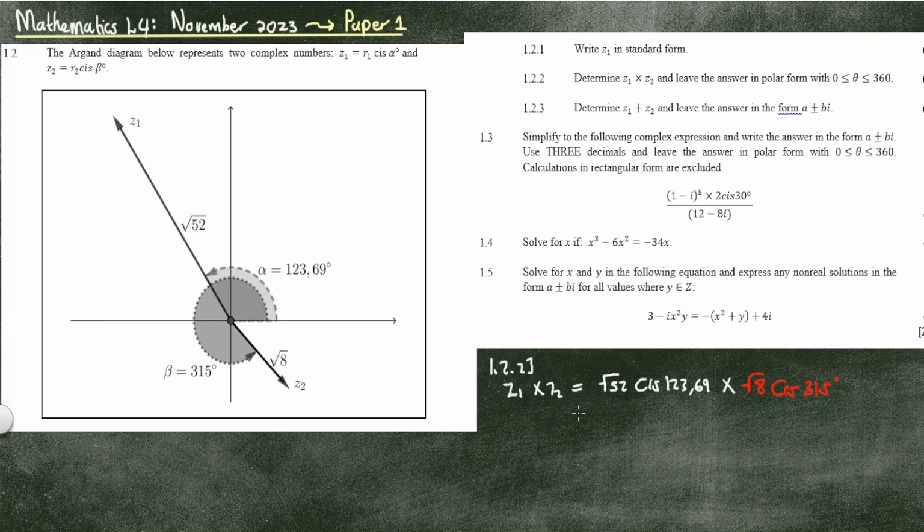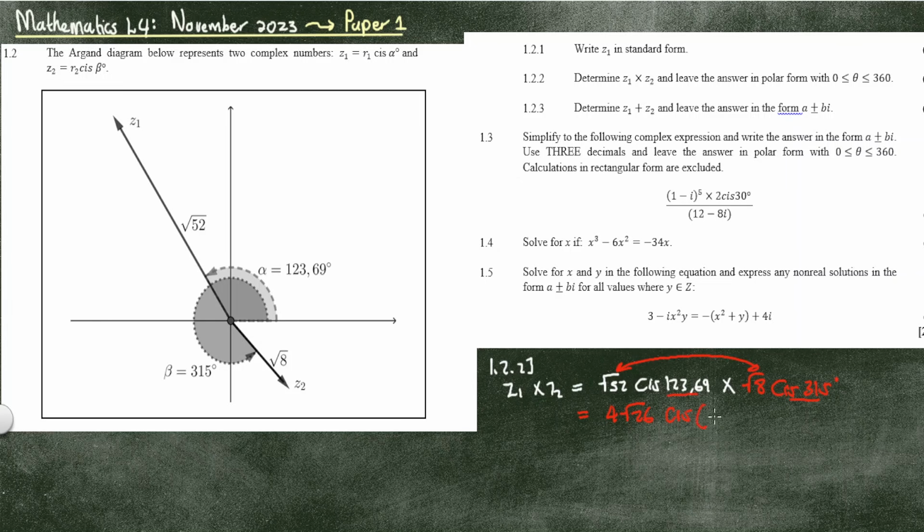So we multiply square root 52 times square root 8, and the square root 8 cancels outside. I'm getting 4 square root 26 multiplied by cis. I'm multiplying two complex numbers in polar form, so you multiply the moduli and add the arguments.